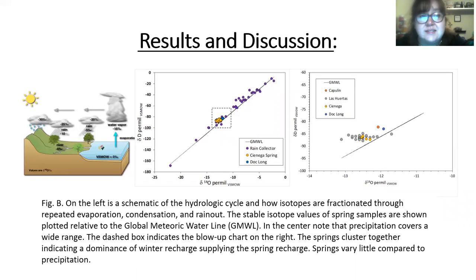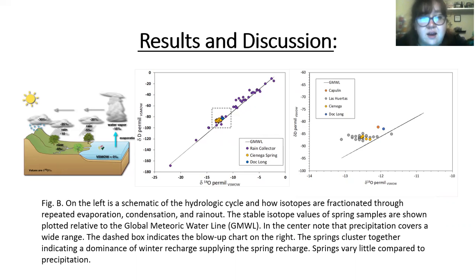And we know that because they are very negative. All of our samples that have very negative values will fall within the winter recharge area. Now, she also collected some rain samples, which are the purple at the top. Those have a much greater amount of oxygen-18 and deuterium found in these waters.